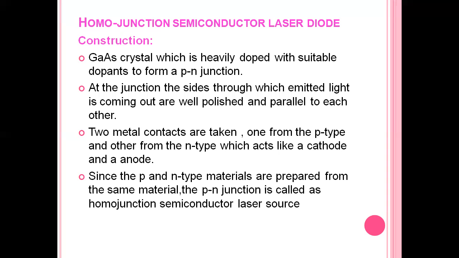Two metal contacts are taken, one from the p-type material and one from the n-type material, which act like cathode and anode. Since the p-type and n-type materials are made of the same material, the p-n junction is called a homojunction semiconductor laser source.